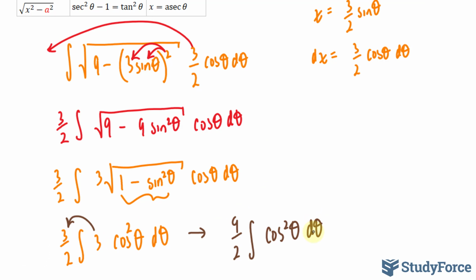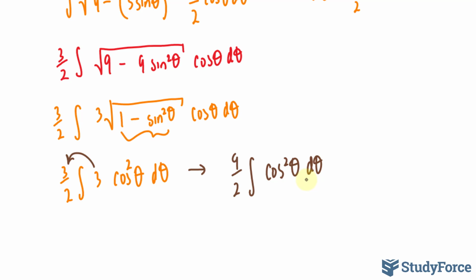Finding the integral of cosine squared theta is not easy. In fact, we'll need to use half-angle formulas to do that. I do have several lessons on how to use half-angle formulas to help integrate functions, but I won't go through that again. Instead, I'll just provide what the integral of cosine squared theta is.